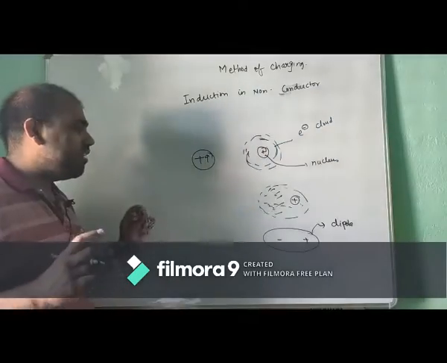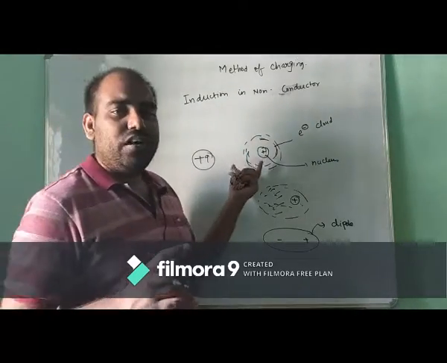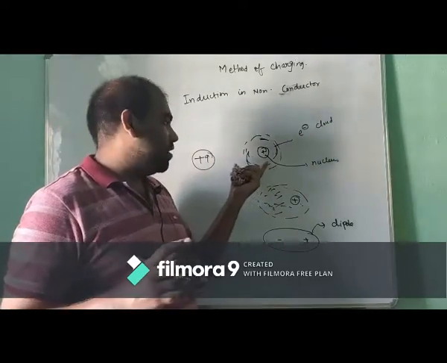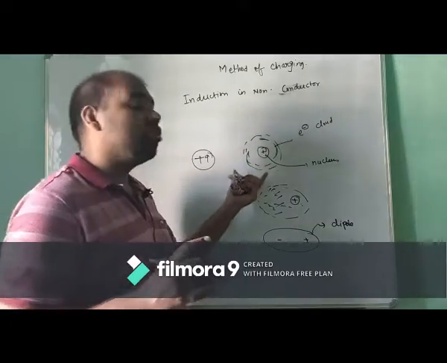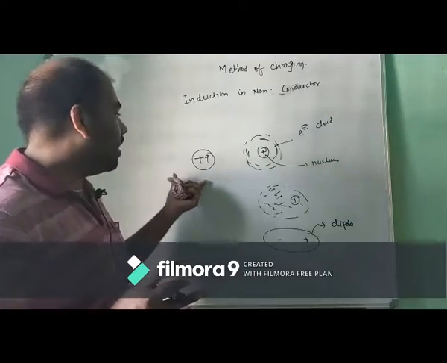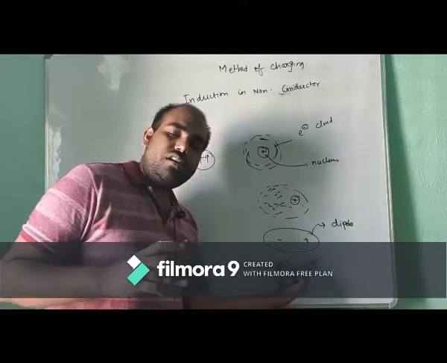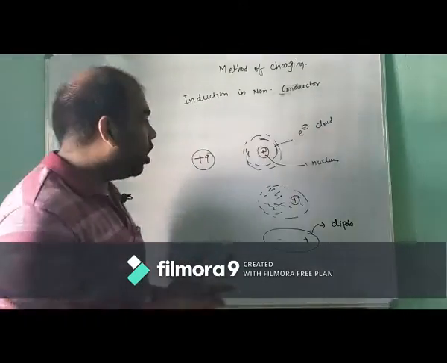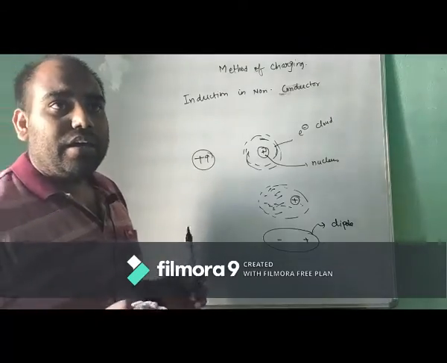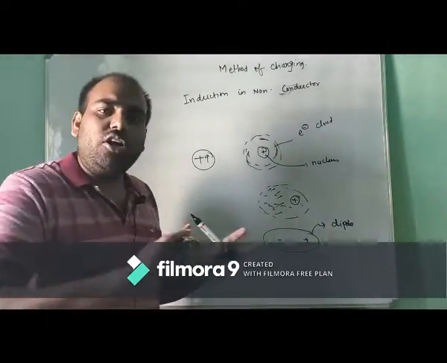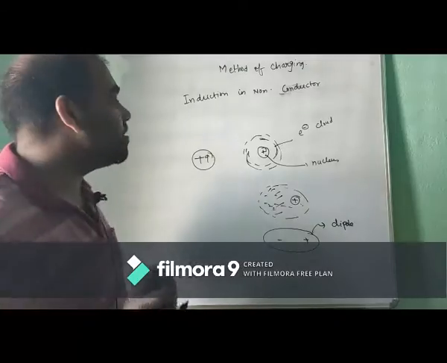Now what we saw is that if a neutral atom, which is basically a non-conductor, comes near a positive charge, it results in a dipole. Now, you know, in a material there are a lot of atoms present.